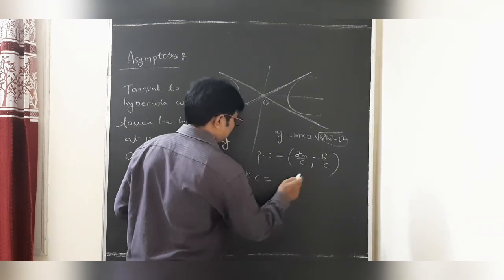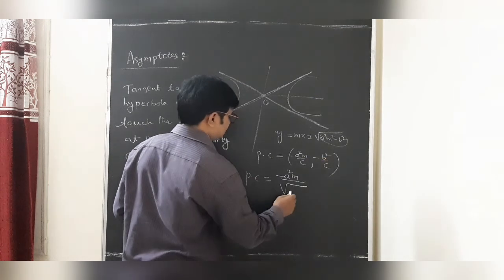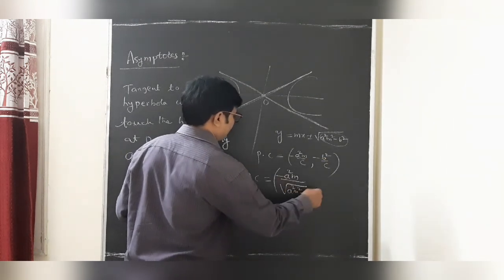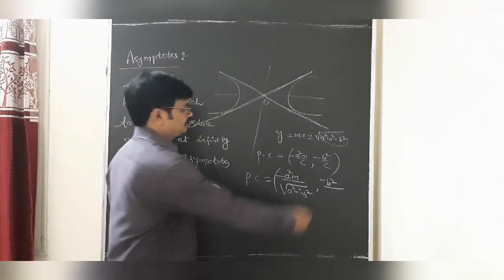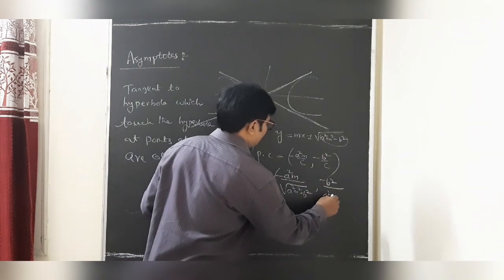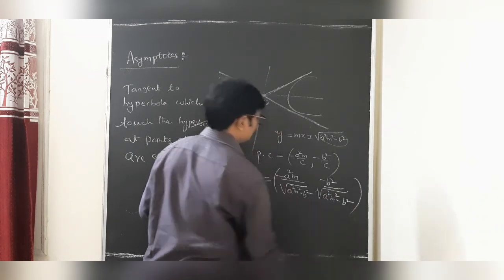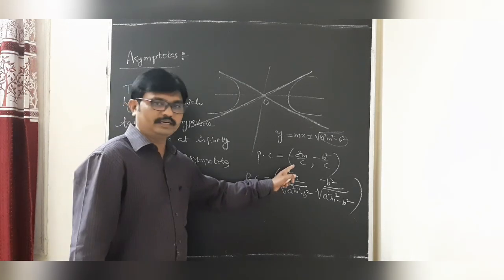How to write this: the point is −a²m divided by root of (a²m² − b²), comma −b² divided by root of (a²m² − b²). Okay students, this is given as the point of contact.